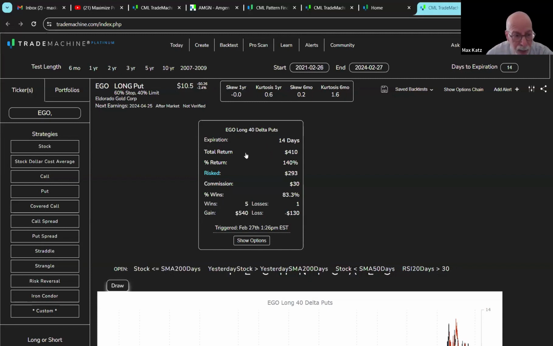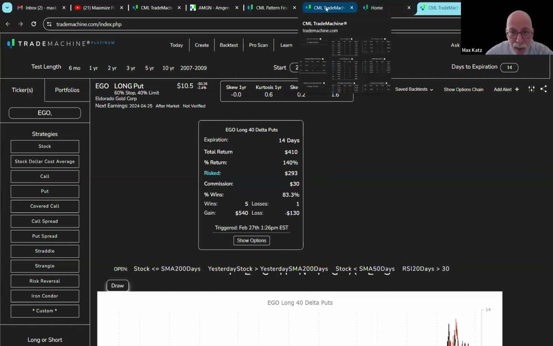And then the option trade is, for 14 DTE, to buy out of the money puts. The default is the 40 delta. So very simple trade, straightforward opening conditions, all bearish. But we want to make sure the last one, the RSI 20, is not too bearish. We want to make sure there's still room for it to go down.